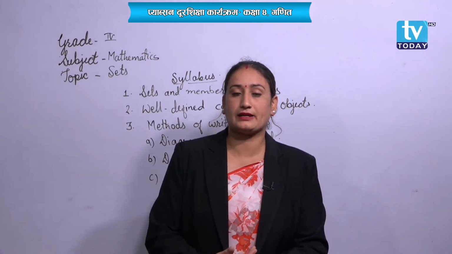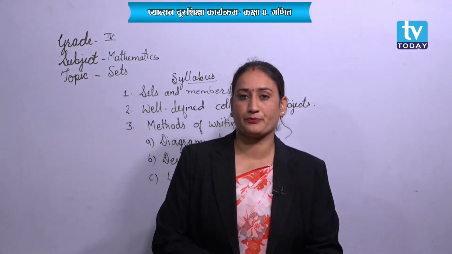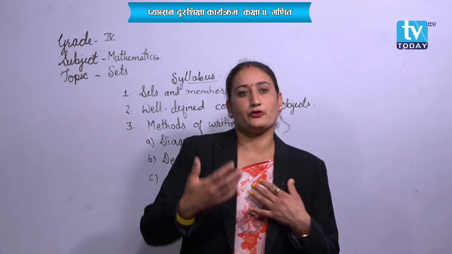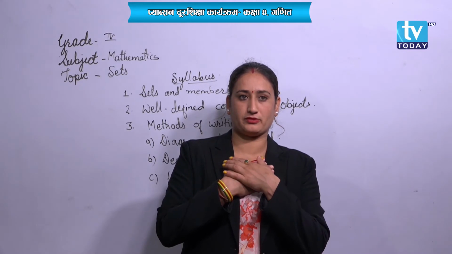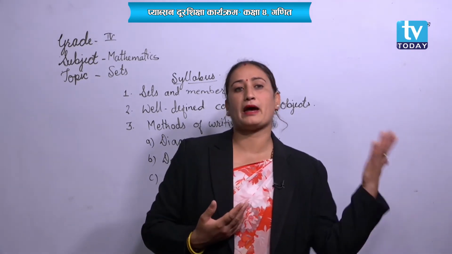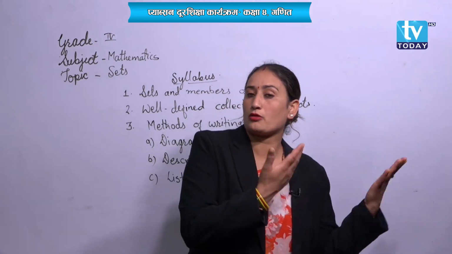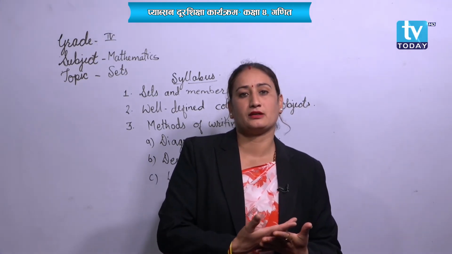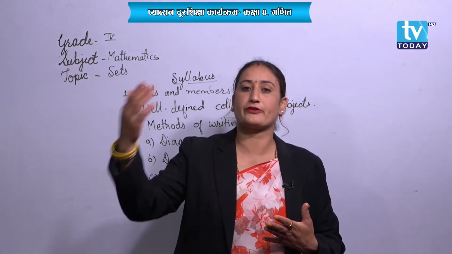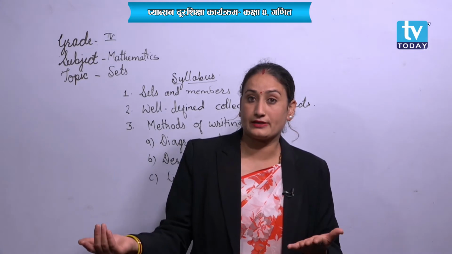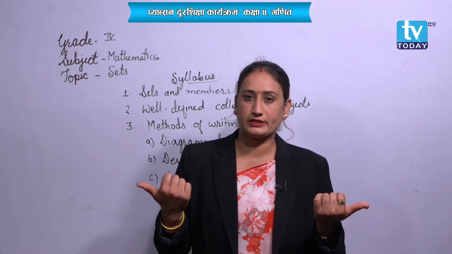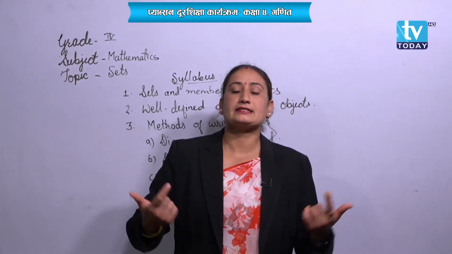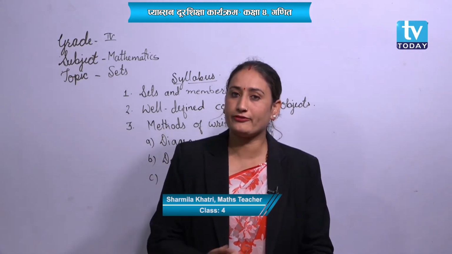Okay, now you can say the collection of the favorite vegetables. What is the collection of the favorite vegetables? Can you guess it? You have your own favorite vegetables. I have my own favorite vegetables. In our family, my mom has her own favorite vegetables. Your parents have different favorite vegetables. Are they matched with each other? Obviously not. That means it's non-well-defined.